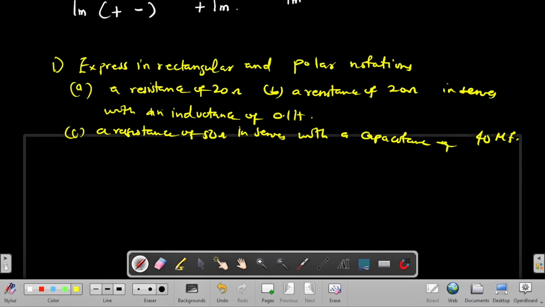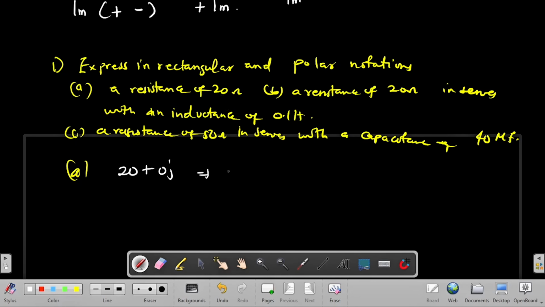For the first one, A, you see that A is a purely resistive circuit. A purely resistive circuit represents a purely real complex number. It only has a real part, no imaginary part. So you simply say 20 plus j0. This is for the rectangular notation.